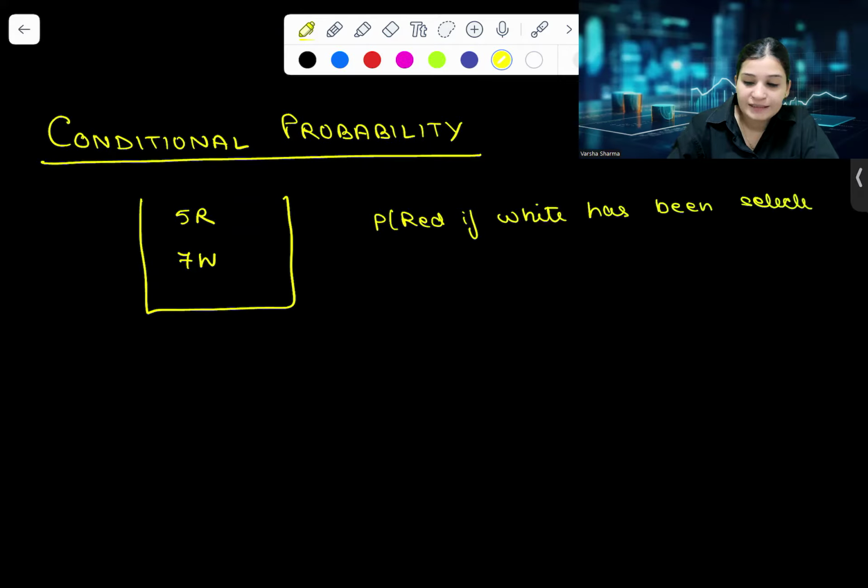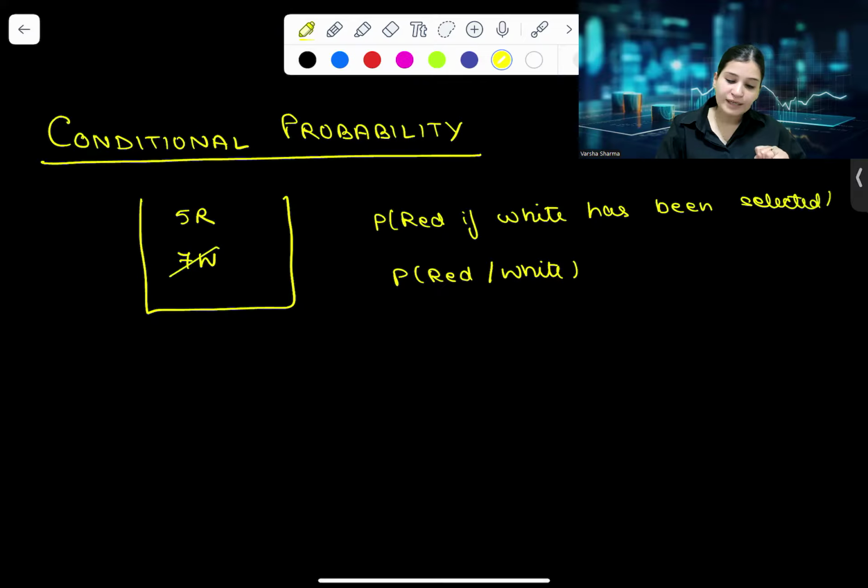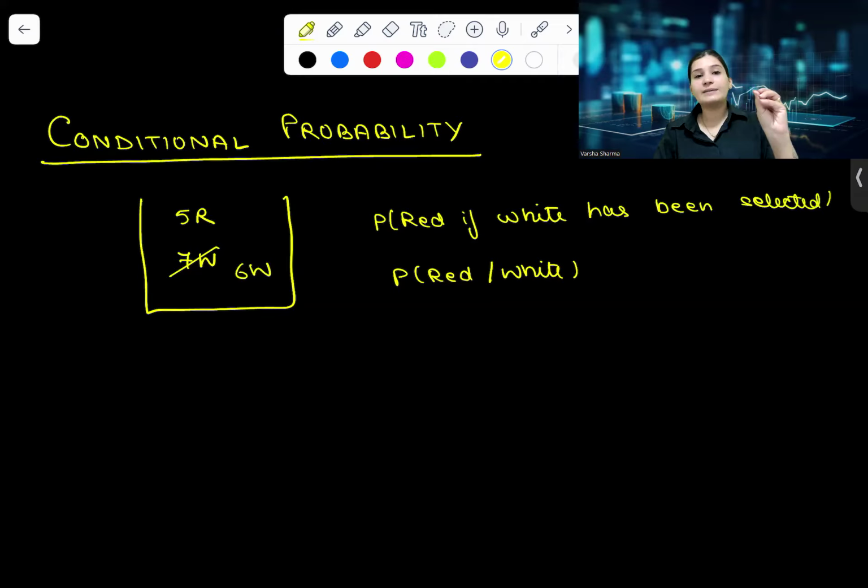How do we write it? Probability red given white. That means one white ball has already been selected and taken out. Now, from the remaining, you are picking up a red ball. So the white count has reduced by 1. Now in my bag, I have 5 red balls and 6 white balls. What is the probability of getting a red ball now? 5 by 11.